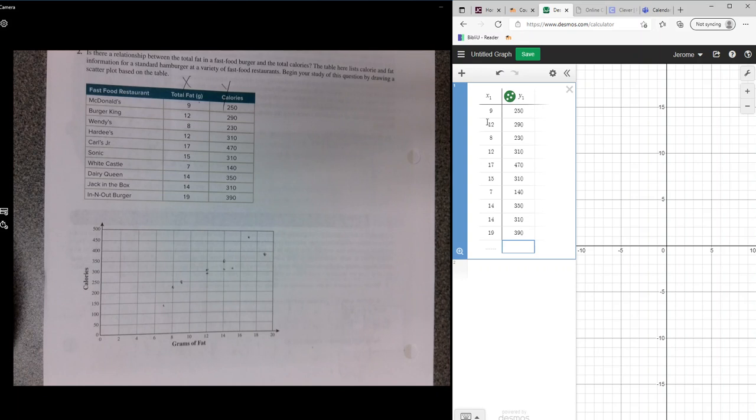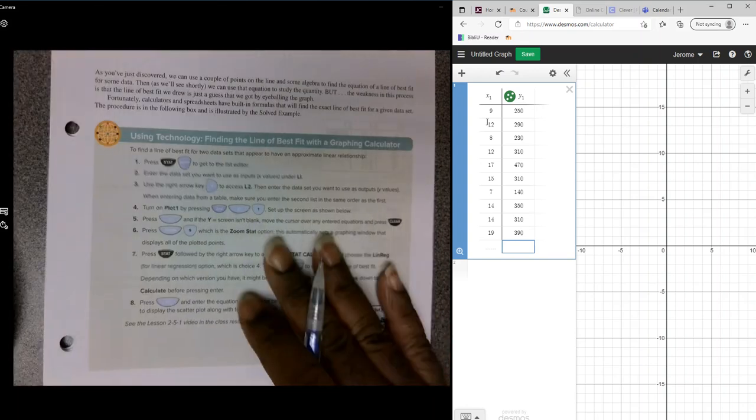Let me go here to number 3. It says the points on your scatter plot don't form a straight line, but there should be a linear trend you can observe. Use a straight edge to draw a line that you think looks like the best fit for your scatter plot. Note that it's possible that the line that fits the data best doesn't go through any of the points. All right. Let me see if I could grab a quick ruler.